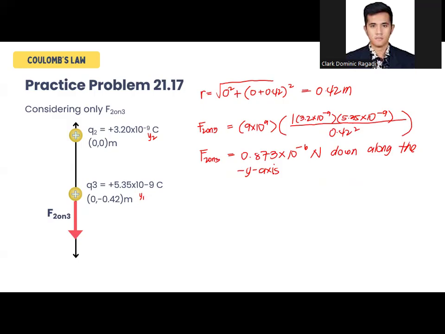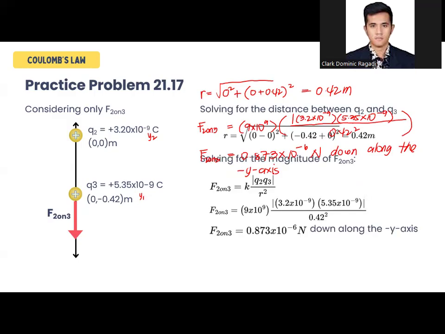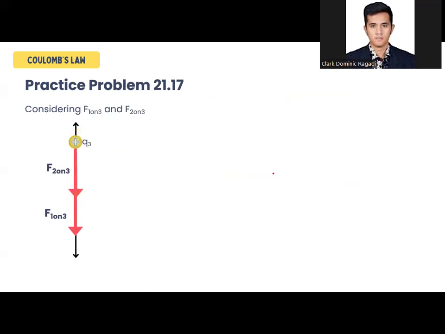We have now calculated the values for F2 on 3 and F1 on 3, so we can now solve for the resultant force. Since F2 on 3 and F1 on 3 only have y components, the magnitudes of these individual forces are equal to their y components. Therefore, our resultant force FR3 is equivalent to the sum of the magnitudes of these two forces.